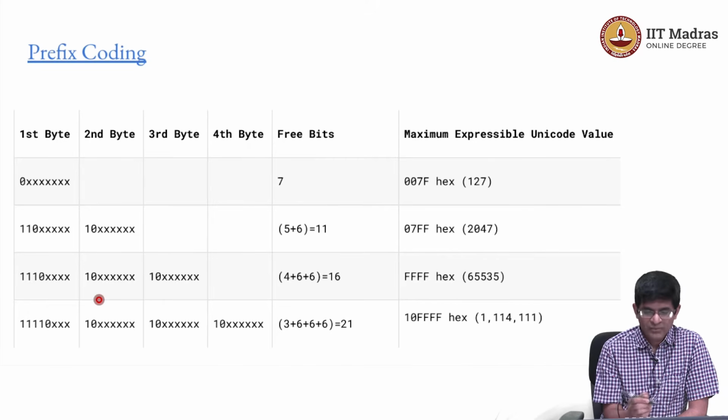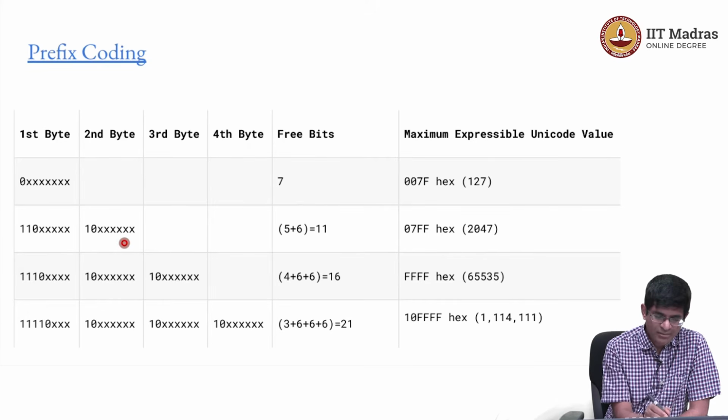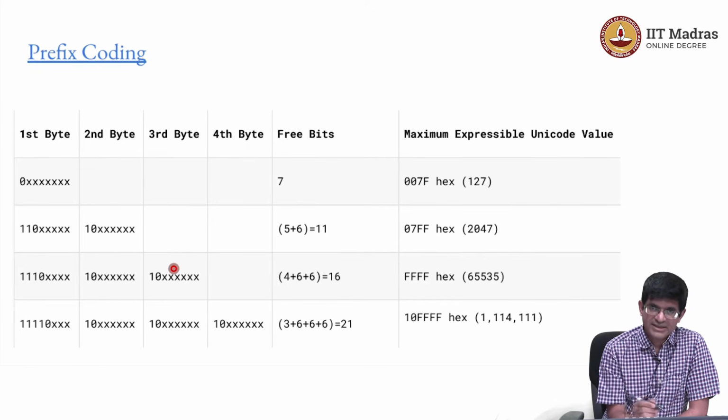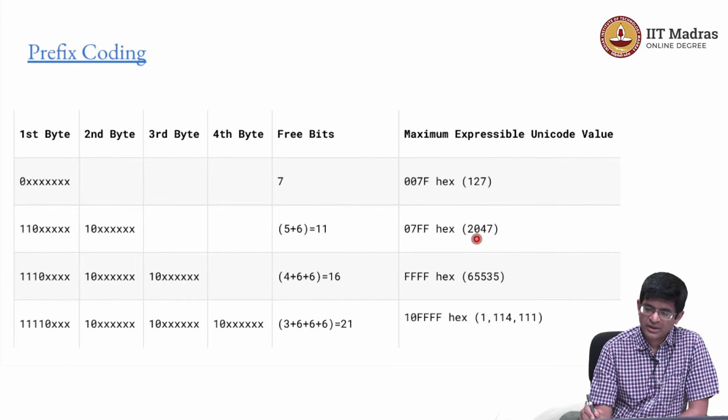Which means that the X's that are marked over here are all free bits, and I can use them to represent different numbers. And what that tells me is, now I have 5 over here, 6 over here, a total of 11 free bits, which means that I can go up to 2 to the power of 11, 2048 minus 1.